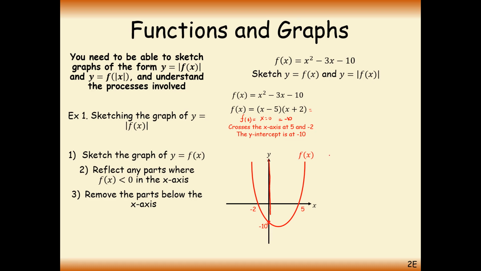So, because the absolute value sign or the modulus function is outside of the function, the y values will always be positive. That means that it will never go below the x-axis. So this part of the graph that I'm crossing out will have to disappear, and it will reappear on the top side.